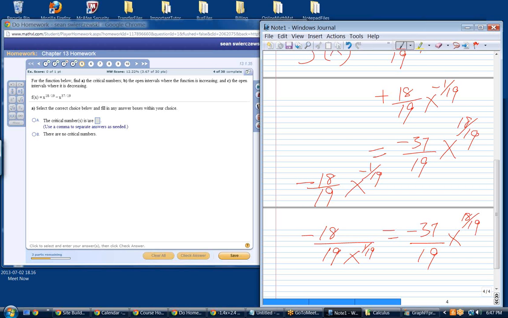So now how do I solve for x? I have no idea. Well, if I multiply both sides by x to the 1/19th, a nice thing happens.